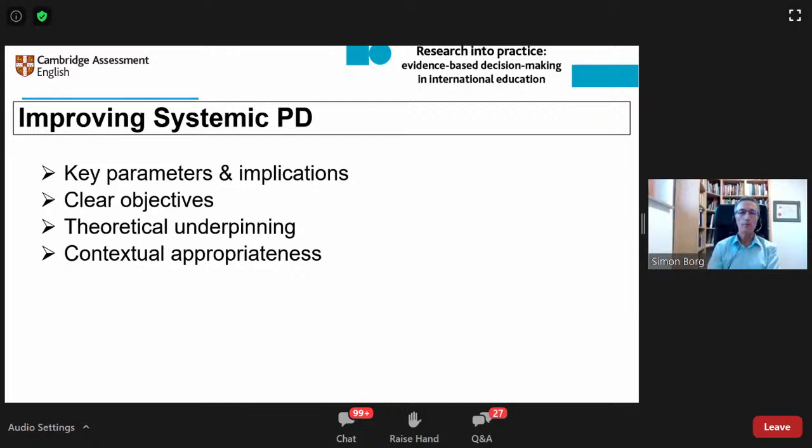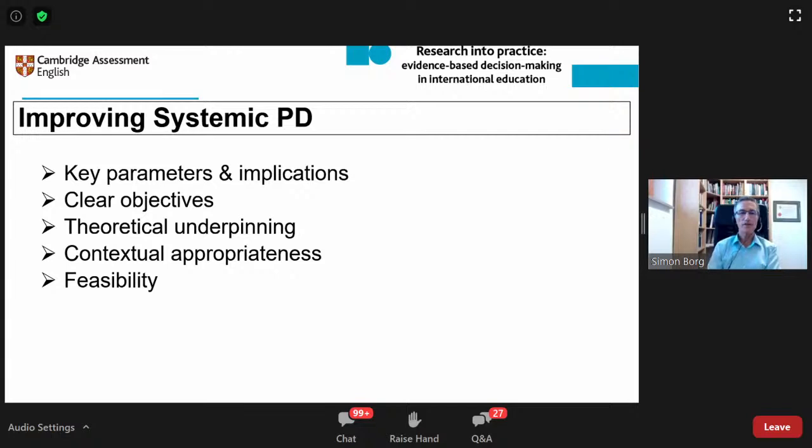Ultimately, if a program is not contextually appropriate, if it's not fit for purpose in a particular context, a sophisticated theoretical background is not going to be particularly helpful. So ultimately, we need to make sure that the program works in the context for which it's being designed. And that very often means that theoretical considerations do need to be mediated to some extent.